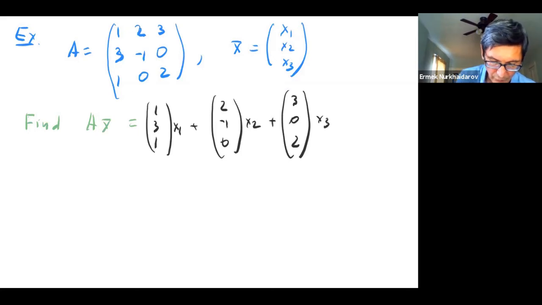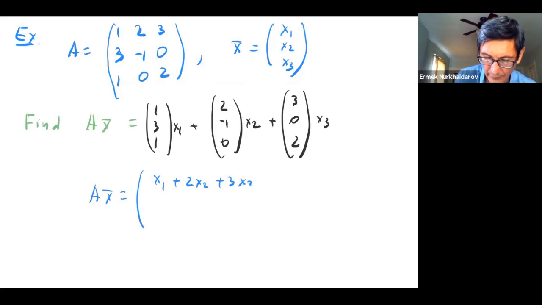And we're going to get an answer for AX, A times X. X1 plus 2X2 plus 3X3. 3X1 minus X2 plus 0X3, I guess I need to write that. X1, 0X2 plus 2X3.